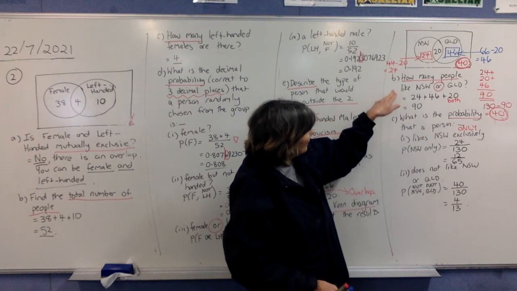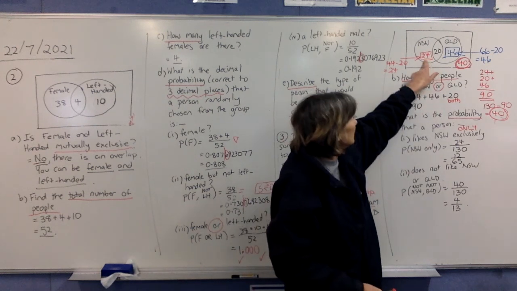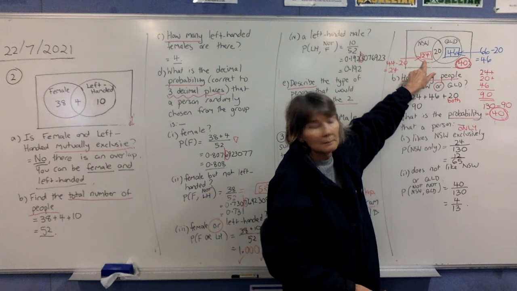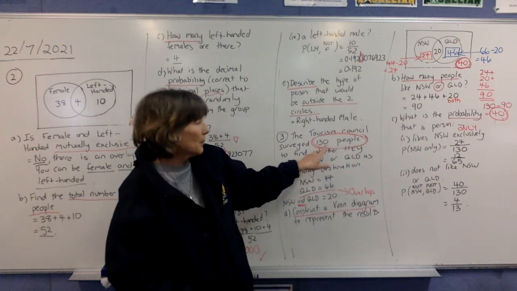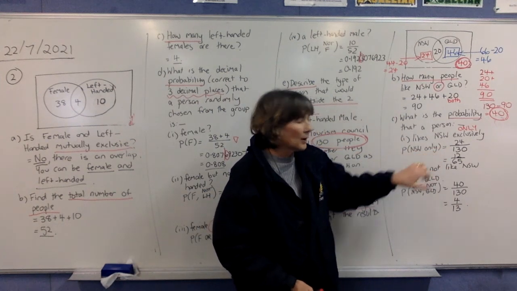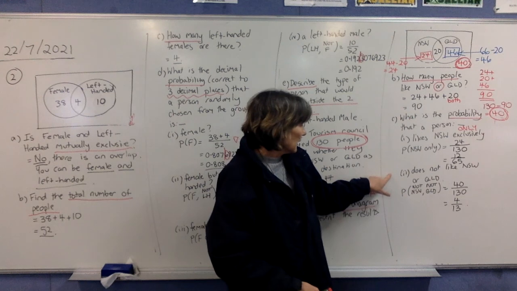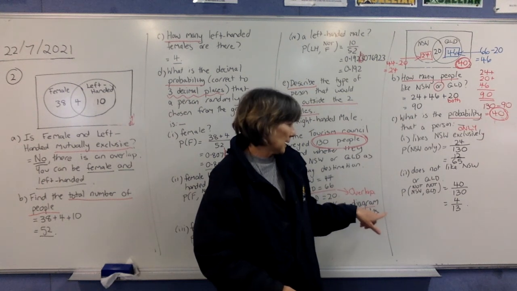Now look up here on your Venn diagram, New South Wales only is this 24 here. So put 24 on the top, 130 people on the bottom, and press equals on your fraction key and get your simplified fraction.